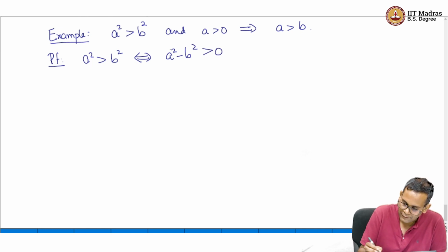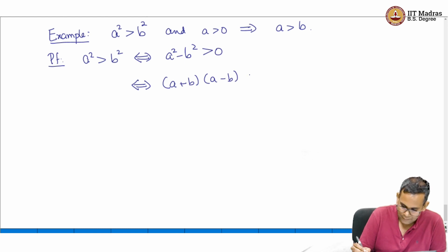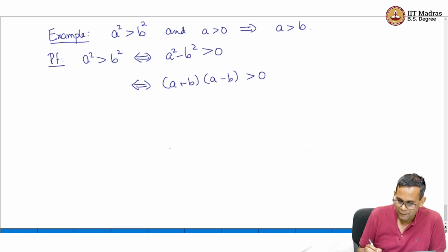But now I can factorize a squared minus b squared. So, this is the same as saying that (a plus b) into (a minus b) is greater than 0. Now, if b is less than 0, then there is nothing to prove, because a is greater than 0, b less than 0, then transitivity would imply that a is greater than b.